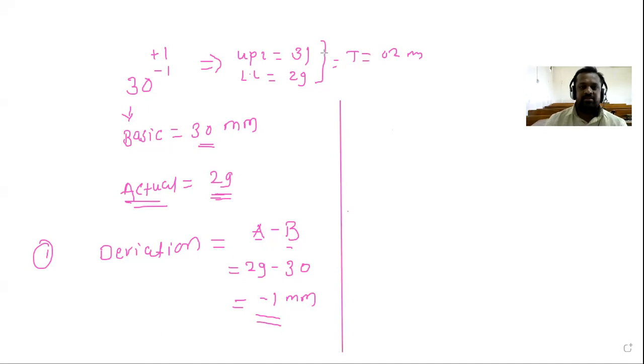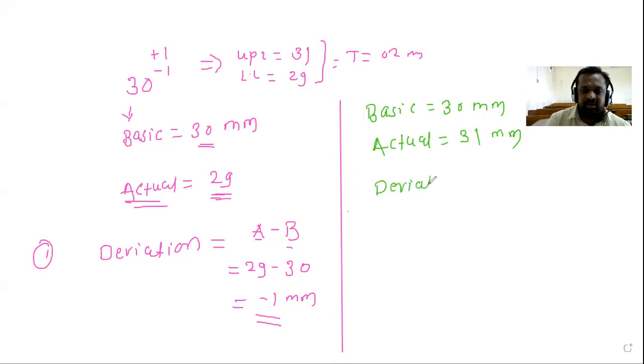Take another example here. If the basic size is 30 mm, and the actual size after the production becomes 31 mm, then what is the deviation?